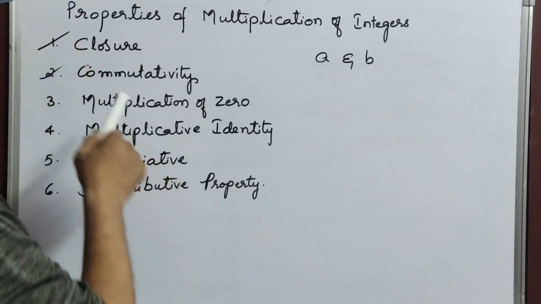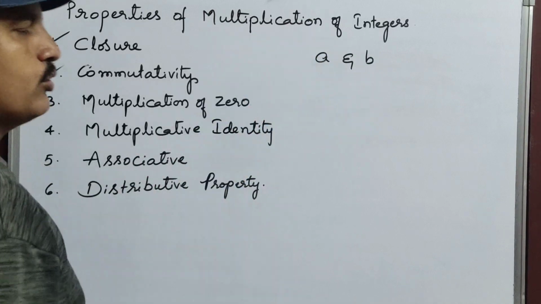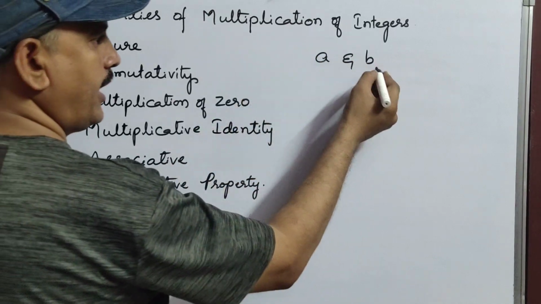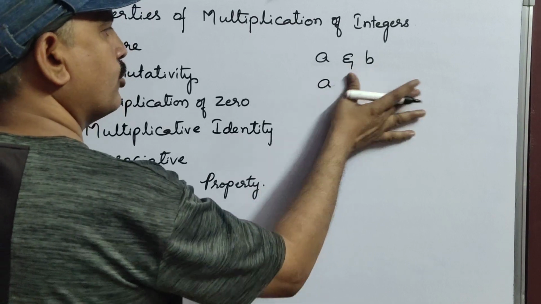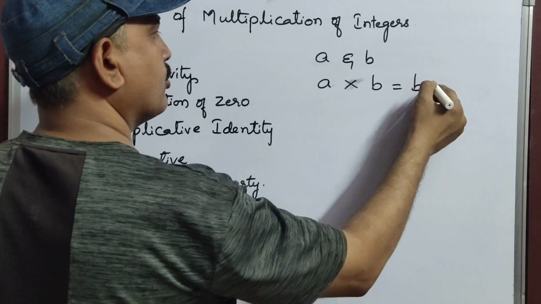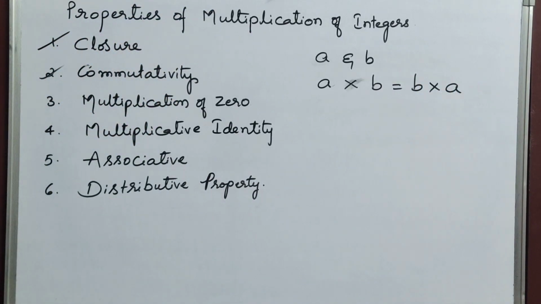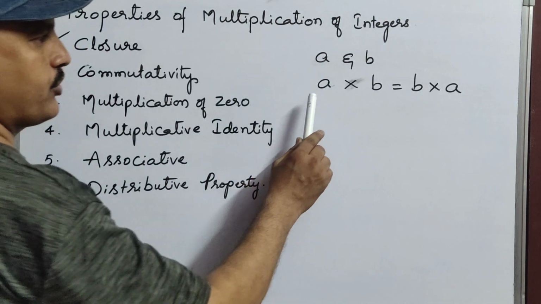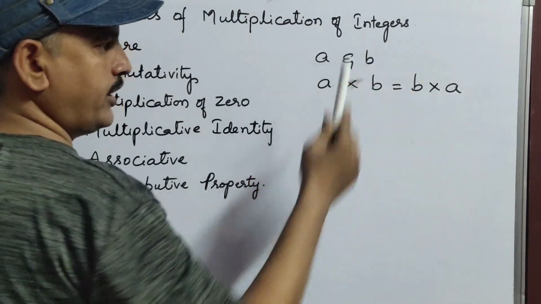Now commutative property: A and B are any two integers, then A into B equals B into A. If you see clearly, it is just vice versa, A into B and B into A.